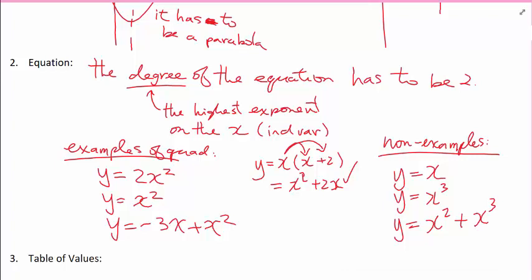You understand? This is not quadratic because the highest exponent is what? 3. So it's not quadratic, it's actually cubic. So if you look at the equation, it has to have a degree of 2. If it doesn't, then it's not quadratic.